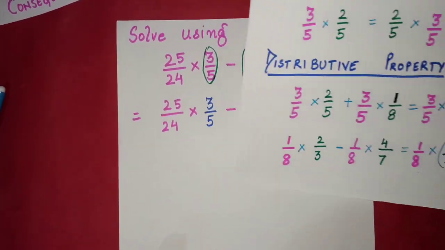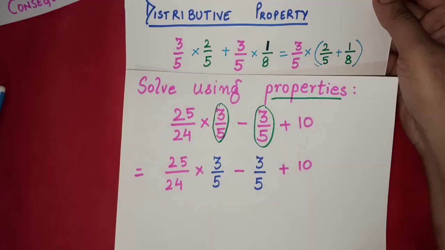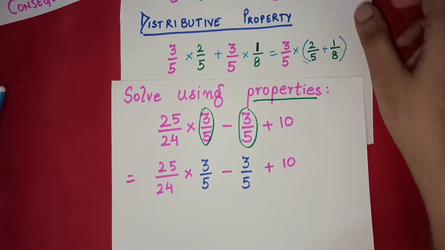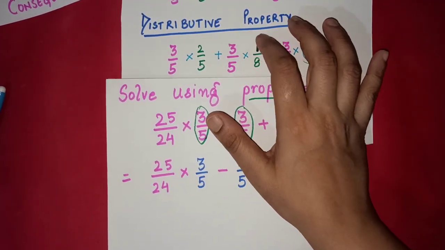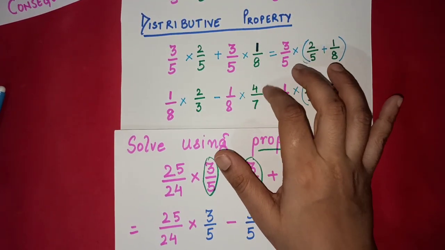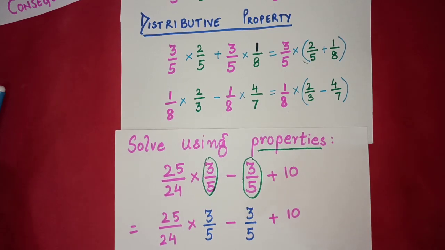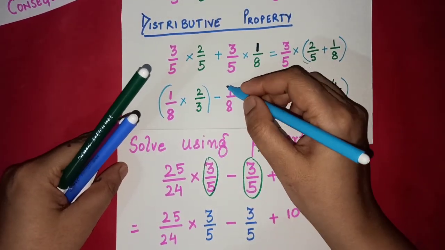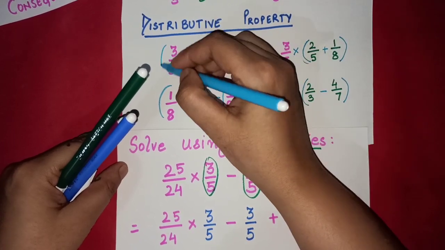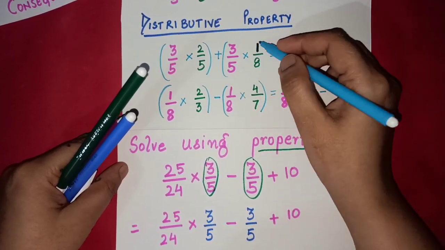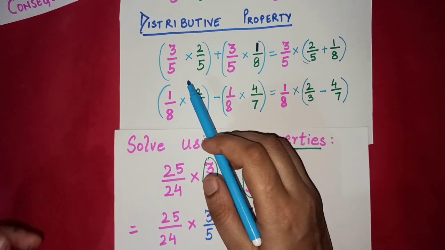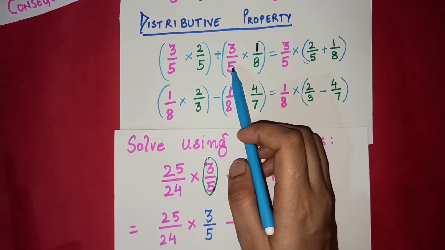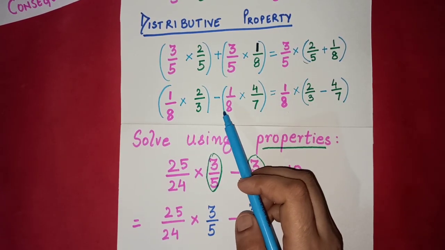But now if I compare it with my distributive property, in the distributive property I need two expressions of multiplication which are being added. So you can see them clearly if I put the brackets. So you can see two multiplication expressions are either being added or being subtracted.